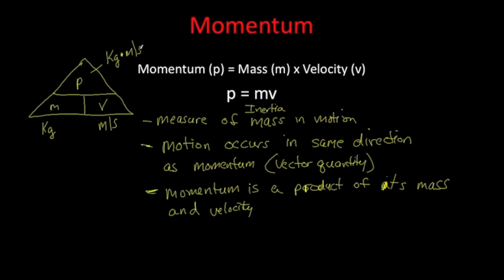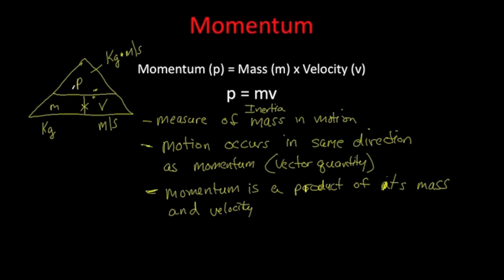Now this is different from newtons, because if you remember, a newton is kilograms times meters per second squared, a product of mass and acceleration. This is simply mass and velocity. So the units for momentum are kilograms times meters per second.